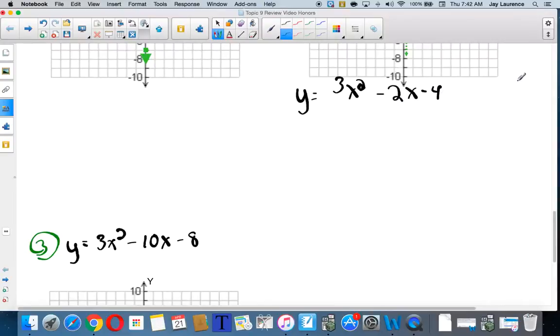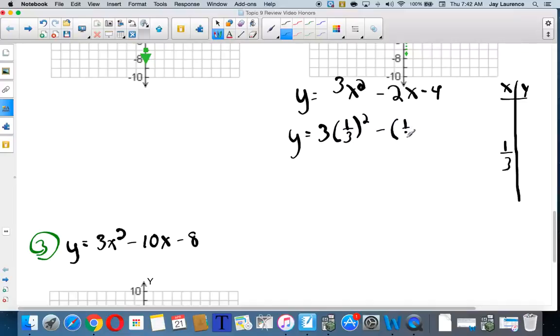And I know that right now the x-coordinate of my vertex is 1/3, right? So I'm going to find the y-coordinate of the vertex. So y is going to equal 3 times 1/3 squared minus 2 times 1/3, that's 2/3, minus 4. Well, this is going to be 1/9, and I think that's going to come out to be 1/3 on the nose, right?